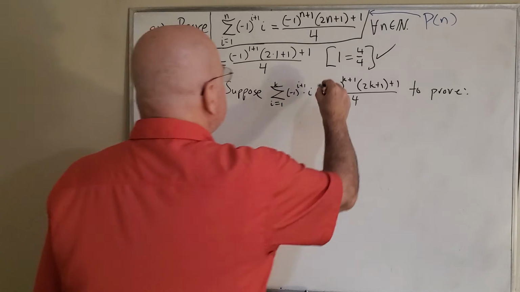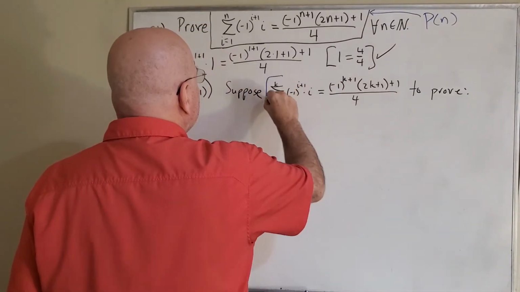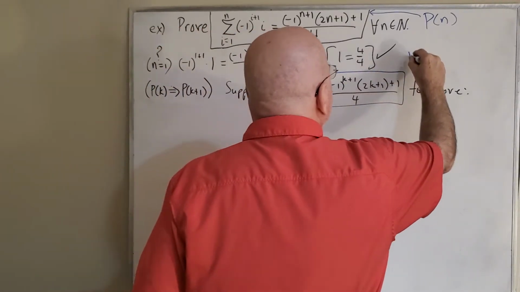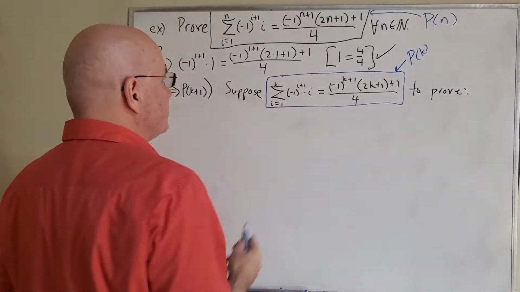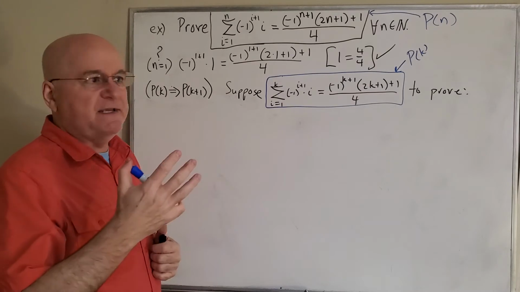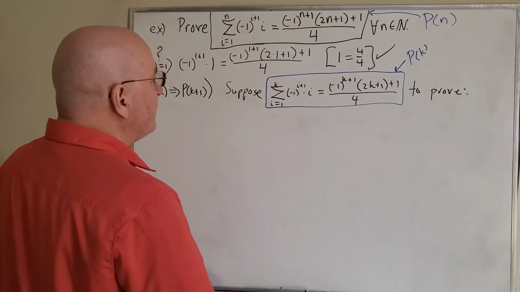So we're supposing that this should look exactly like what I have in the box above, except that the n's are replaced with k's. So we're assuming that this is true for some arbitrary value of k, arbitrary natural number k. And then what do we need to prove?